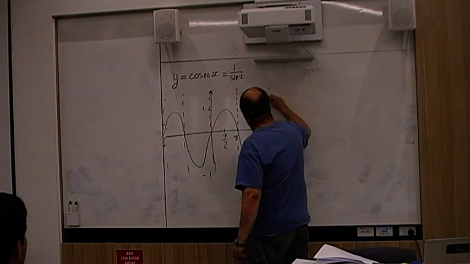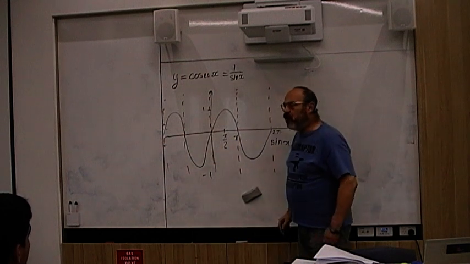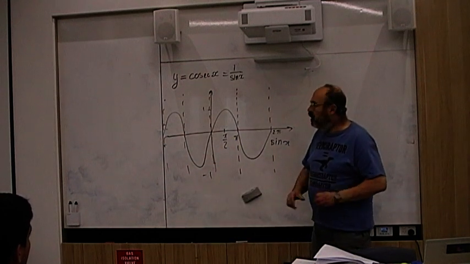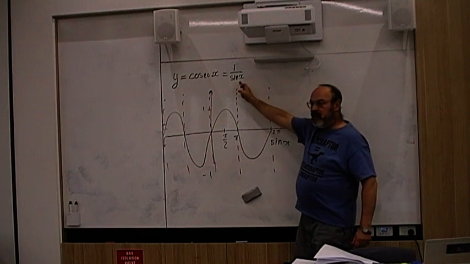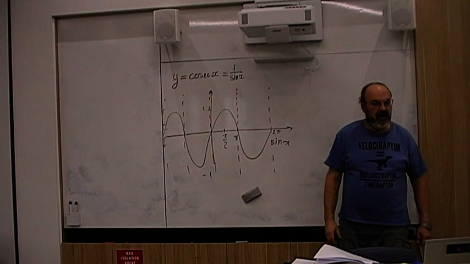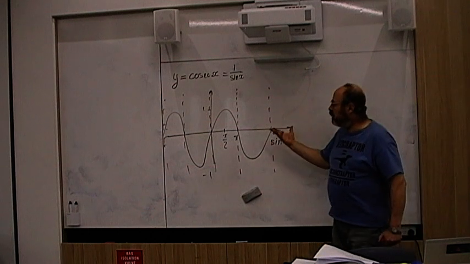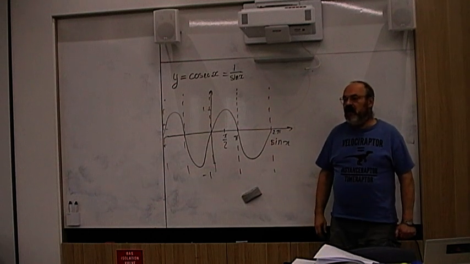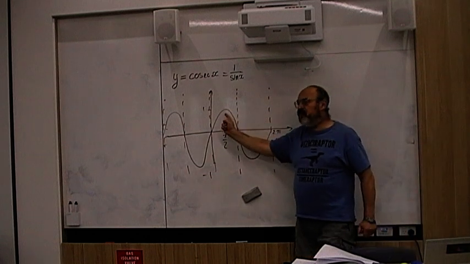Sine x equals 0, and 1 over 0 is not defined, because we cannot have 0 here, so where sine x equals 0, for 1 on sine x there will be a vertical asymptote.